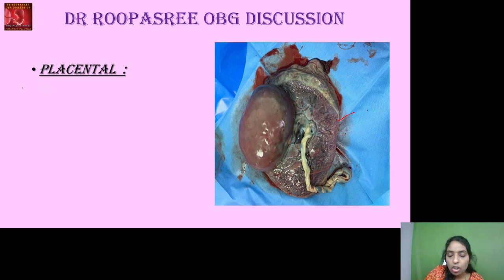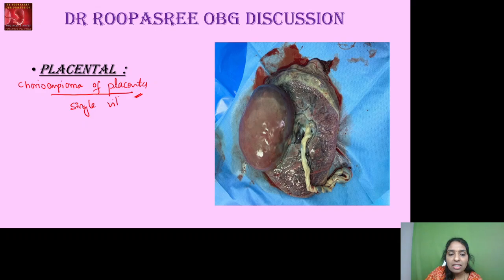Next is the placental condition, chorioangioma of the placenta. It is a tumor of the placenta, a very rare condition. It grows from a single villus.